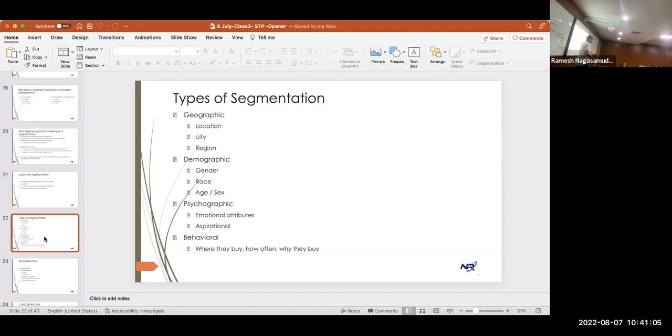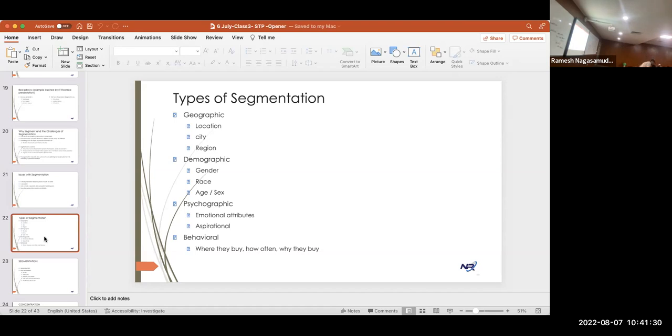Can you give me an example of geographic segmentation of a product? Only in the big cities. So they have done a major geographic segmentation. Any other example? Oh no, go beyond cars.